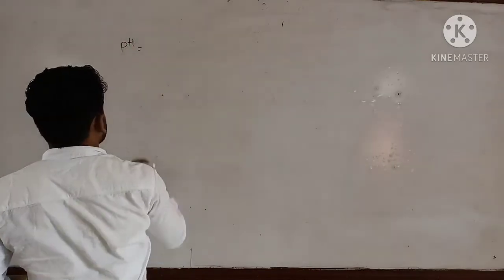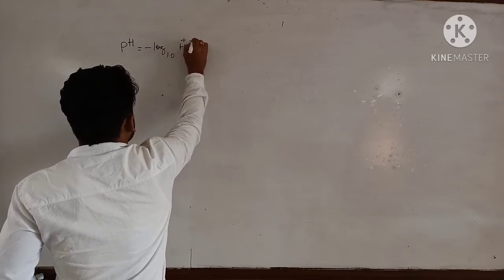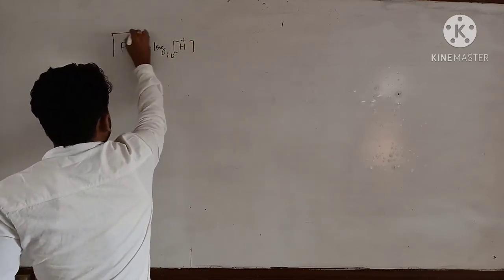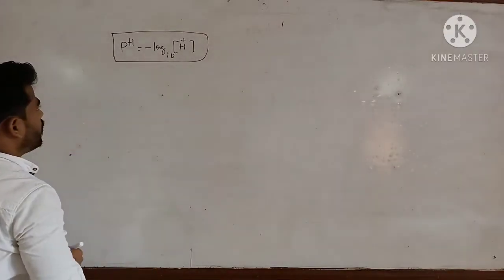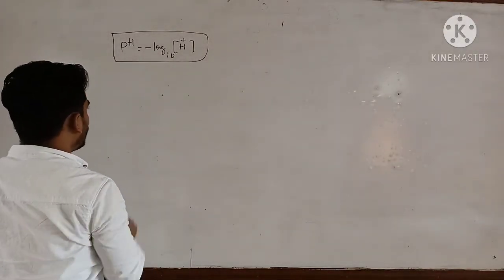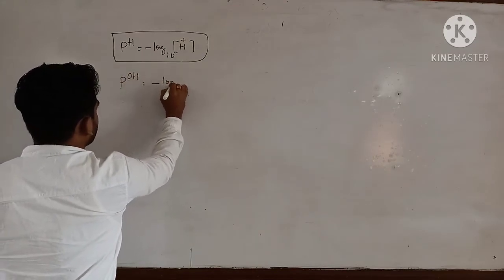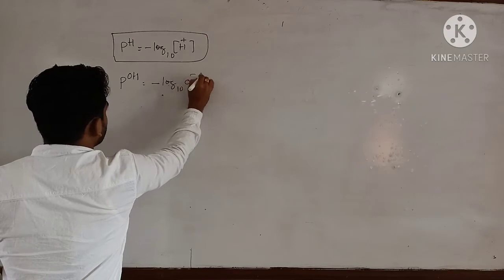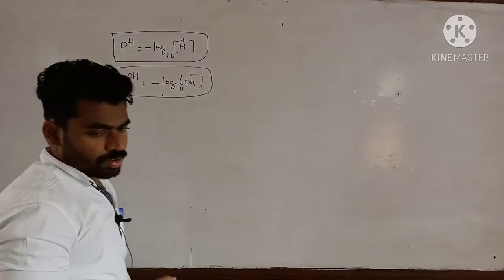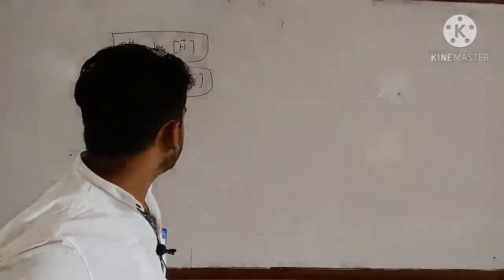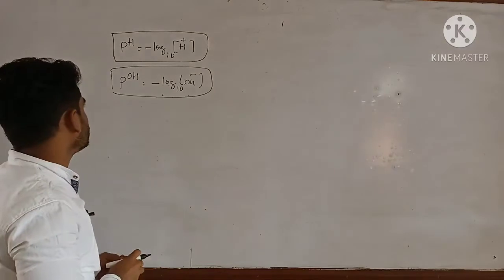It is expressed as the negative logarithm of hydrogen ion concentration. Similarly, if I consider pOH, what can I write? That will be the negative logarithm of OH minus concentration, in order to get whole numbers. So if the term is like this, then for an acidic solution, what should be the value of pH?